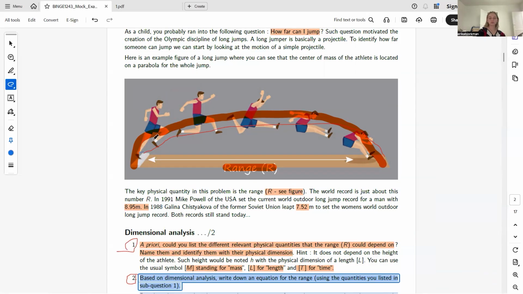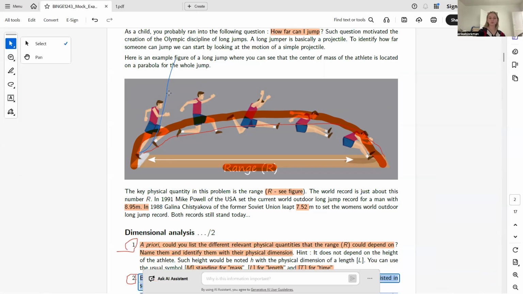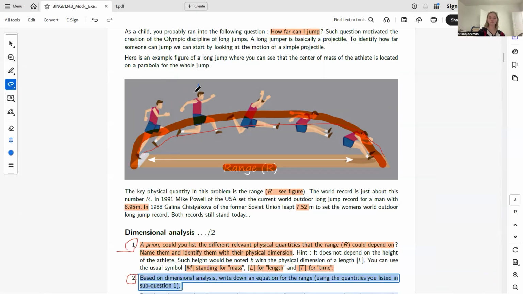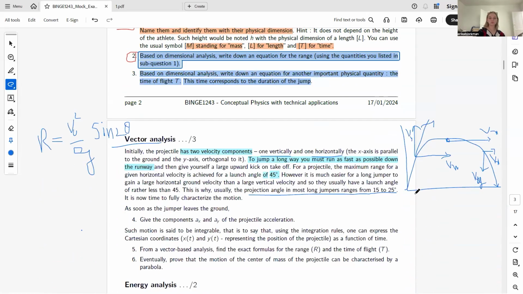The 45 angle can exist somewhere here, but the angle of this boy who is running can be something like 25, as he is saying that jumpers mostly choose angles of 15 to 25 to get the maximum horizontal distance, or the range.